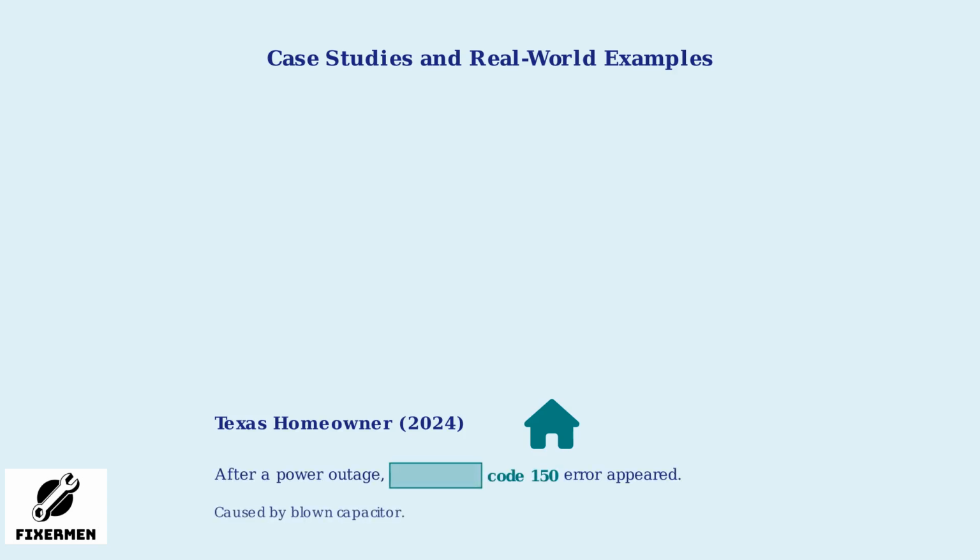In another case from 2024, a Texas homeowner encountered a code 150 error following a power outage. The issue stemmed from a blown capacitor. By replacing the capacitor and thoroughly cleaning the coils, they prevented what could have been a $3,000 repair. These examples demonstrate why professional servicing and regular seasonal maintenance are crucial for maintaining HVAC system reliability.